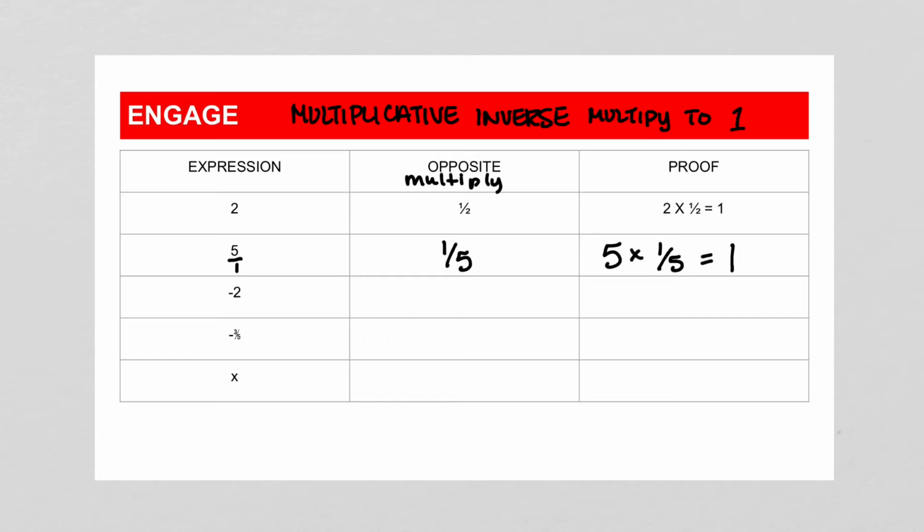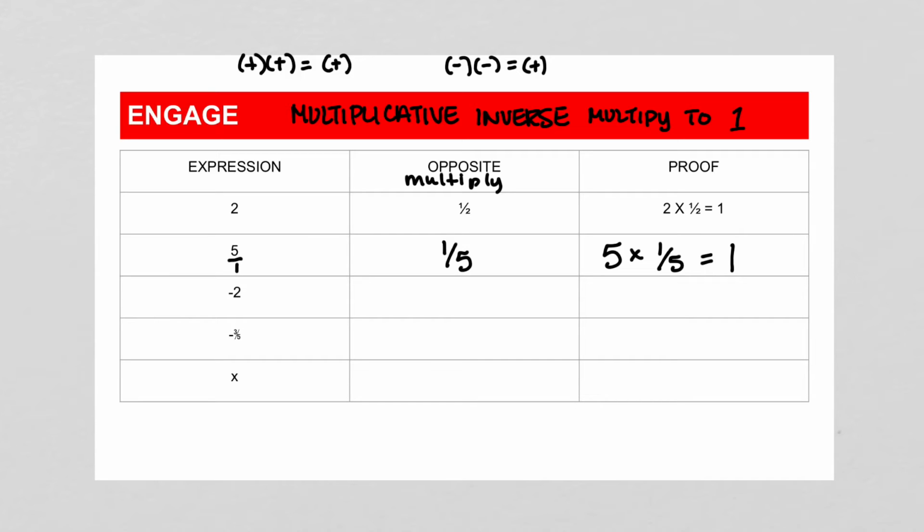Does it matter if it's negative? Well, if it's negative and we want it to equal 1, we know that if we take a positive times a positive, we will get a positive. But we also know that a negative times a negative will give us a positive. And we're trying to get a positive 1, right? So we need to make sure that we keep that negative sign with this.